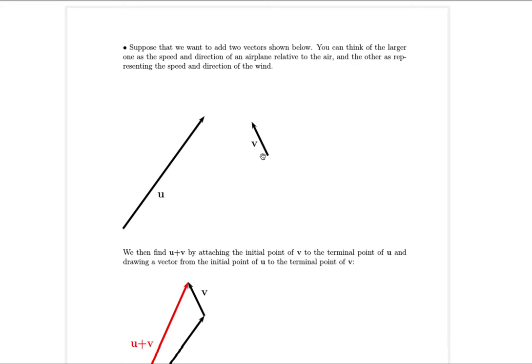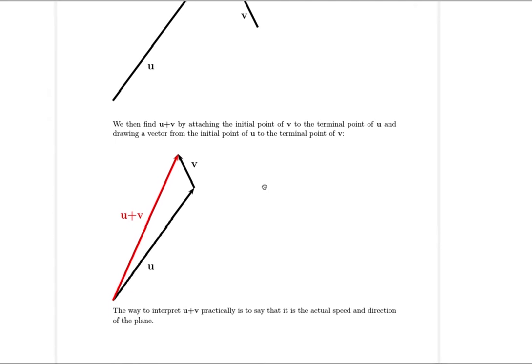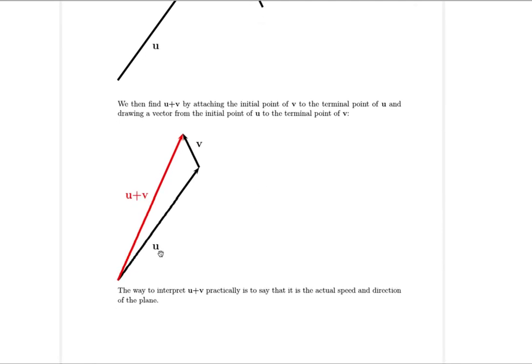If we're talking about adding the two vectors together, the way we do that is you attach the beginning of V to the end of U, just like in this picture. We had our U, I attached the beginning of V to the end of U, and then if I draw a line from where I started to where I end, that's the vector U plus V. The way we would interpret U plus V in this situation is that it is the actual speed and direction of the plane.